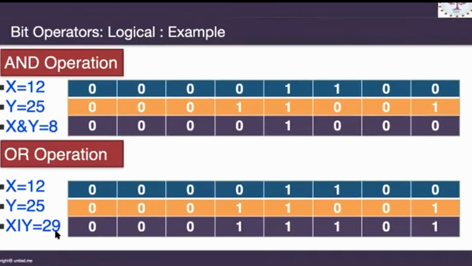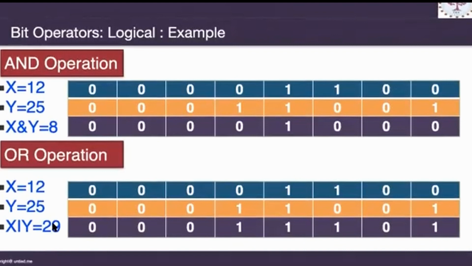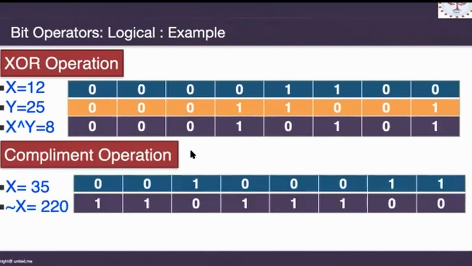You get this value in case of the OR operation. This is how bit operations work. Now the XOR operation tells us that if at corresponding places you have different values, meaning one place is 0 and the other 1, or 1 and 0, only then it will give you 1. Otherwise, if both places are 1 or both places are 0, it will give you 0. The same is happening in this case with the same variables.